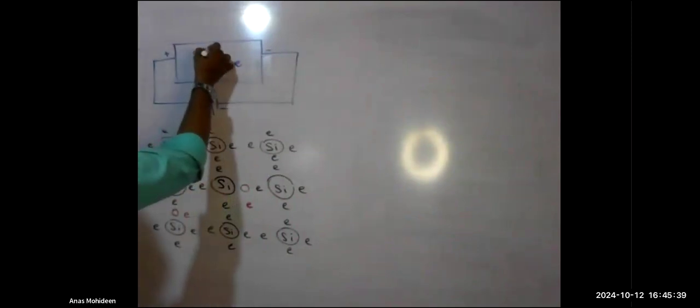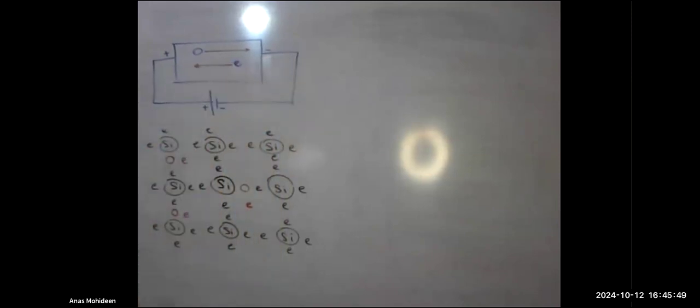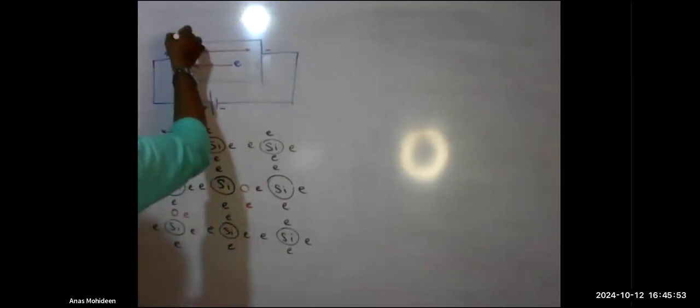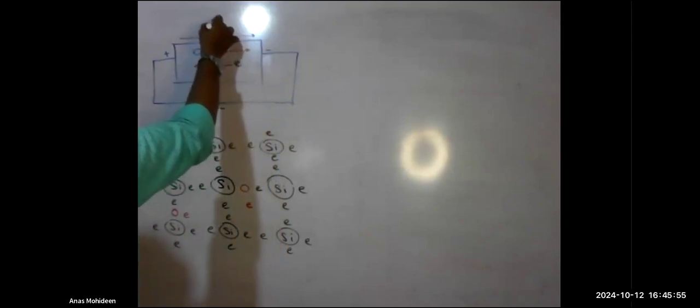So remember, free holes move from positive to negative, plus to minus. Electrons flow from the negative connection to positive. And the current flows from positive to negative.